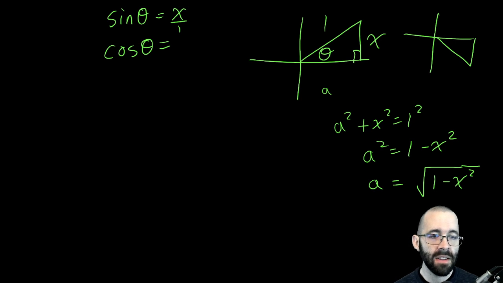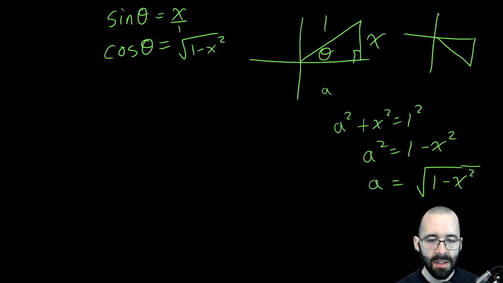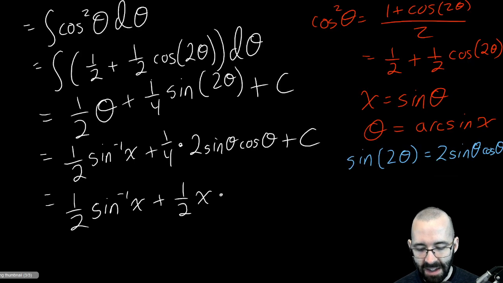So even if theta is negative, the cosine in the fourth quadrant will still be positive. So we don't actually need this triangle because we know cosine's positive. So cosine will be adjacent over hypotenuse, and the hypotenuse is 1. Oh, great. Cosine of theta is the square root of 1 minus x squared.